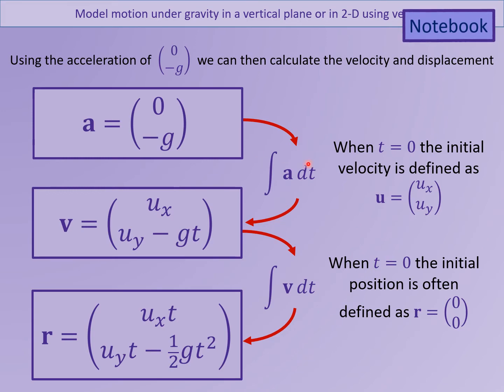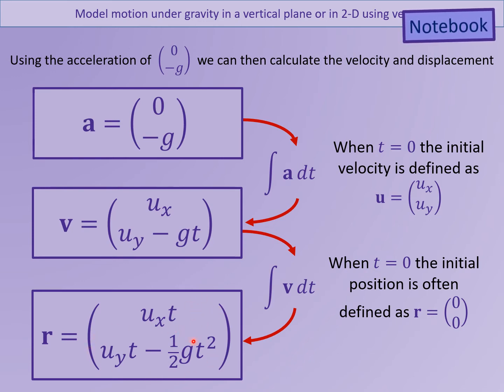Or forget the integration, look at it as a Suvat question. r is a position. s equals ut plus a half at squared. For the top line, u is the initial velocity in the x direction, so it's ut plus a half at squared, but there's no acceleration in the x direction, so there's no at squared term.